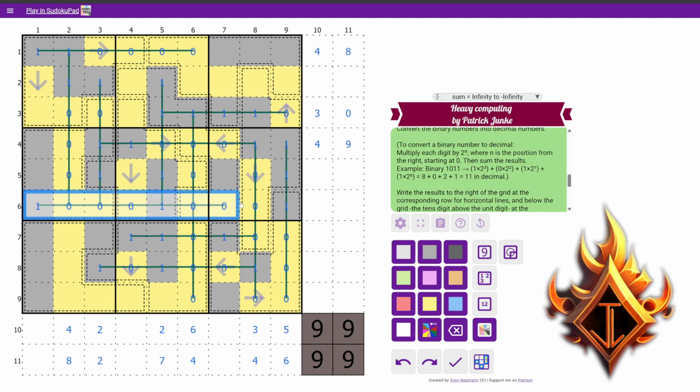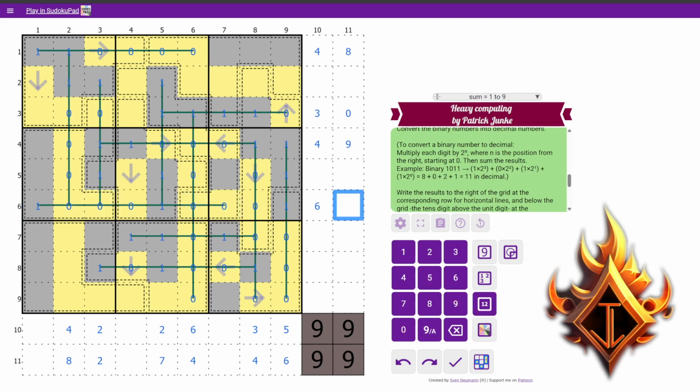This one 1, 2, 4, 8, 16, 32, 64. That should be 68. 1, 2, 4, and 64.